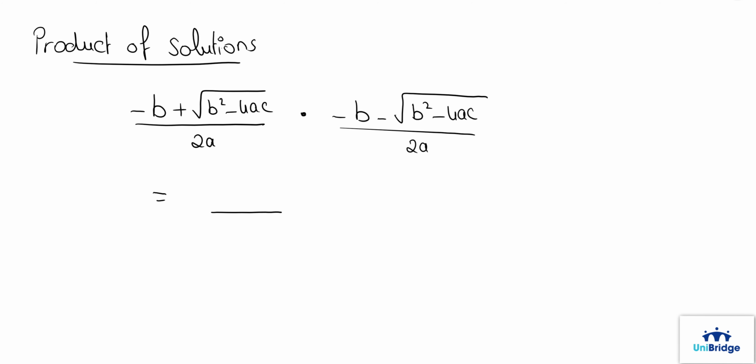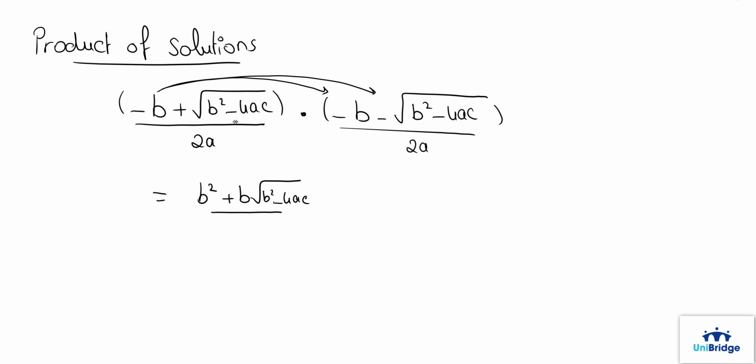If you're multiplying fractions, you multiply the numerators and the denominators together. So you're going to end up with negative b times negative b is b squared. Negative b times negative the root is positive b multiplied by the root. And positive the root multiplied by negative b is negative b multiplied by the root. And finally, the root multiplied by the root can cancel out.